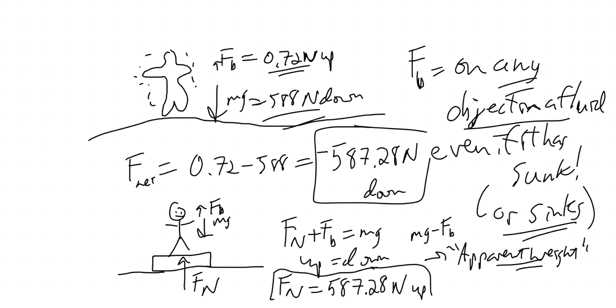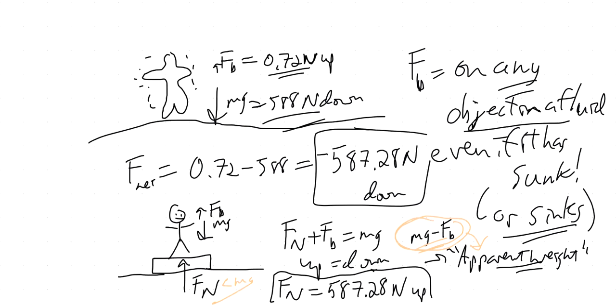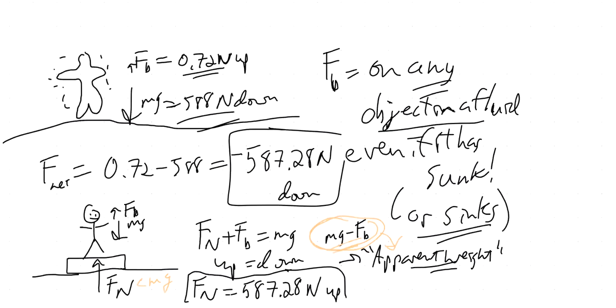You appear to weigh a little less, meaning if you're on a scale, the buoyancy force is helping push you up. So the scale reads a little less. So this is going to be less than mg because of the buoyancy force, because of Fb. So again, pause and revisit that.